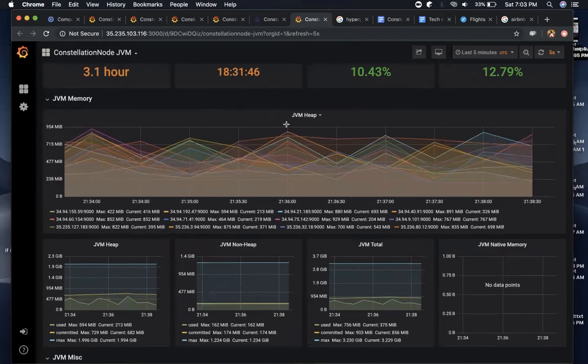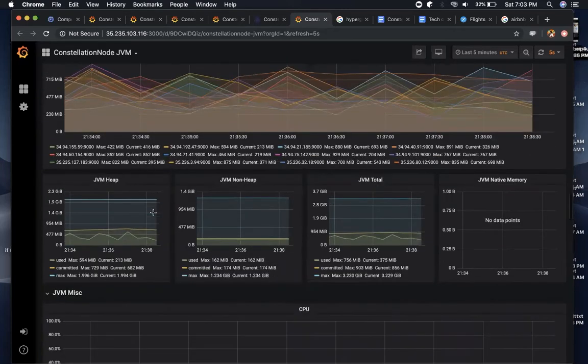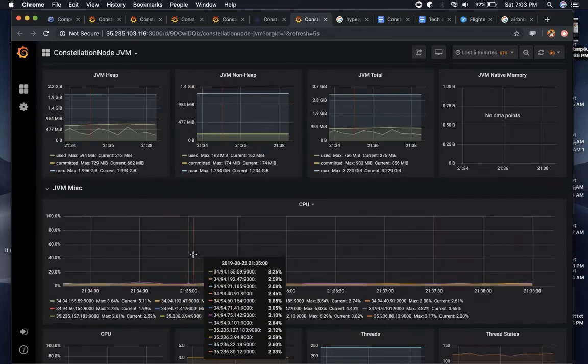Are we using up our heap space? Are we performing an operation or storing data in an inefficient way that might cause a node to fall over or run into an out of memory issue? Or this other thing you can take a look at right here, which is our CPU.